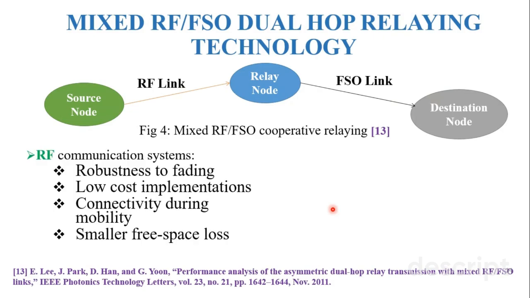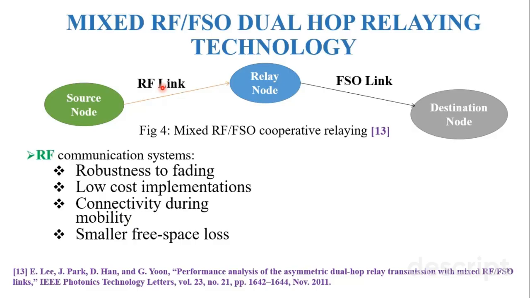RF is low frequency. If the frequency is low, you can understand that the free space path loss as per Friis formula is very less, and therefore it is robust to fading. It is a low cost implementation. The connectivity during mobility is there because you do not require line of sight communication. You require non-line of sight communication. And these all conditions favor RF communication.